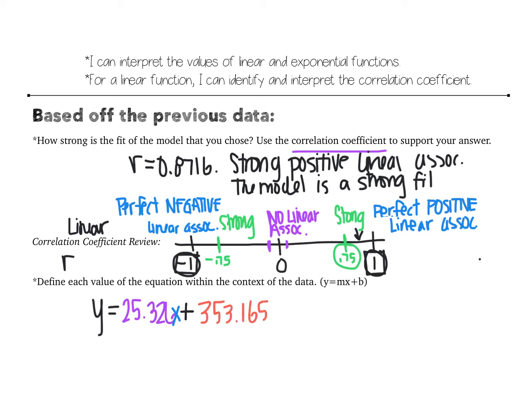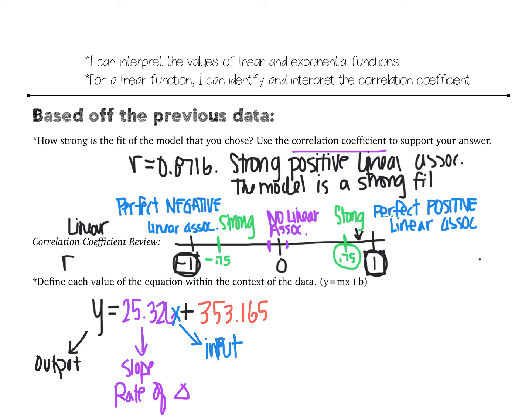All right, so there are 4 parts to my equation, so I need to explain the 4 different parts. So I'm just going to quickly go through what they are. This is my output. This is my slope, or we might know it as my rate of change. X is my input.